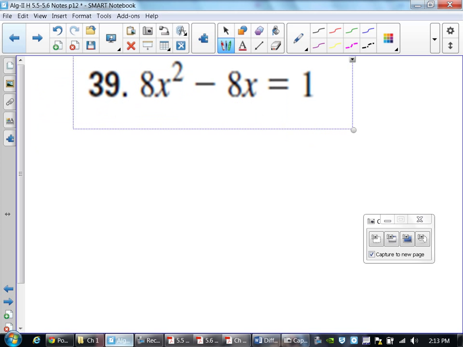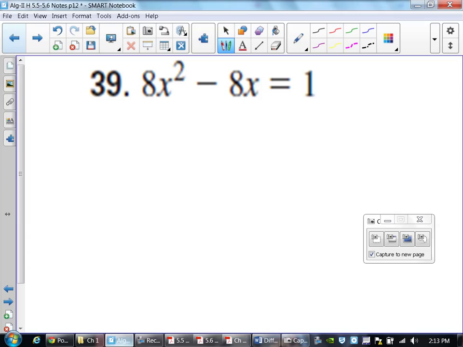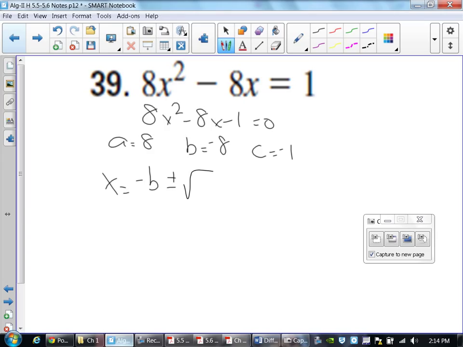Same deal on 39. What you have to move is the c value. You got to bring that c value back. So you're going to have 8x squared minus 8x minus 1 is 0. a is 8, b is negative 8, c is negative 1. x equals negative b plus or minus square root b squared minus 4ac all over 2a.